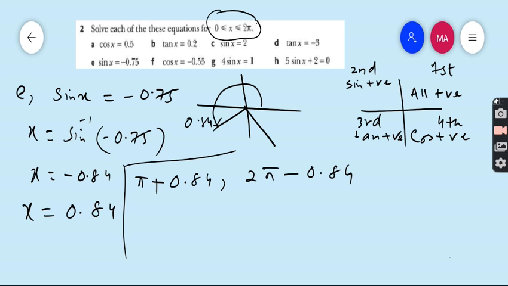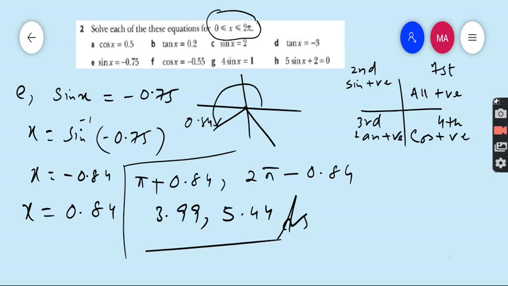So practice is required. The first answer is 3.99. The second answer is 5.44. And this is our final answer.